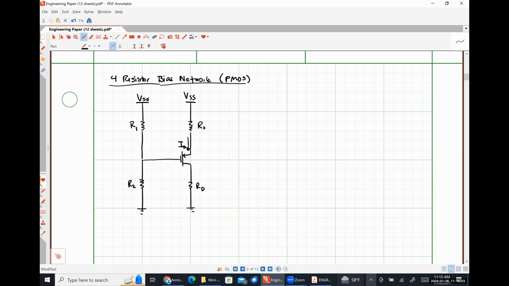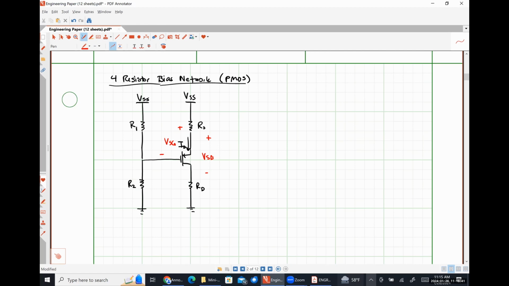Current is flowing from high potential to low potential in both cases. Our gate source voltage now looks like our source gate voltage here. And then this is our source drain voltage that we are interested in. I'm not going to bother writing down the parameters for saturation and triode and all that kind of stuff again, because we literally just wrote them down a couple of minutes ago. We're just going to apply them directly to this thing, right?